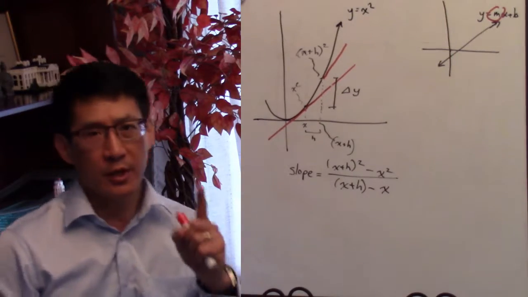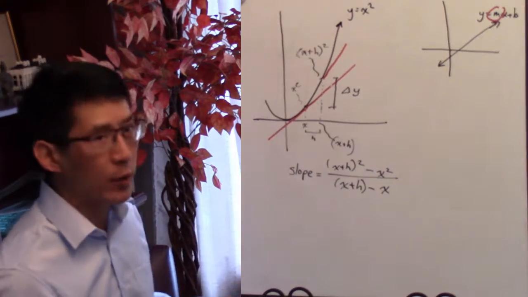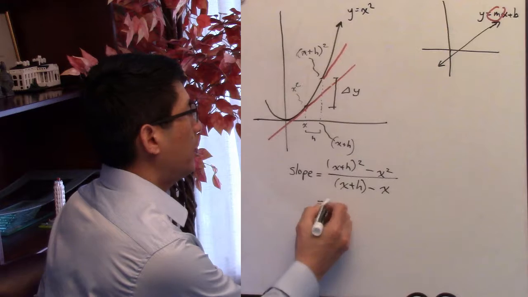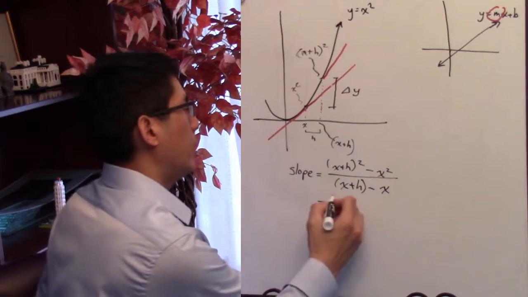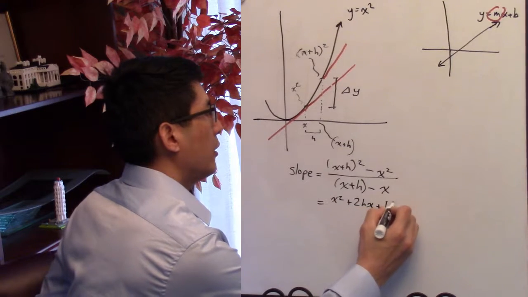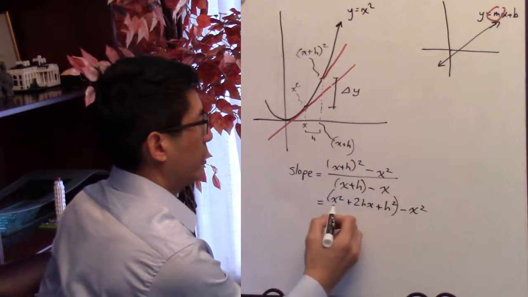Not very useful. The key to figuring out the first derivative is to rearrange this so that we don't end up just plugging in our values and everything cancels and we get 0 over 0. So for example, if we expand this out and write it a different way, we get x squared plus 2hx plus h squared minus x squared. There's our original x squared. That hasn't changed.